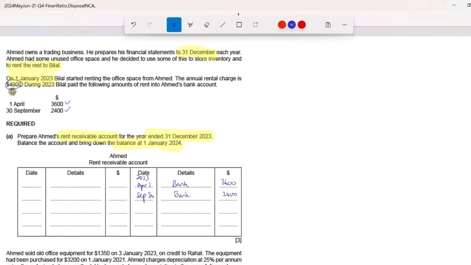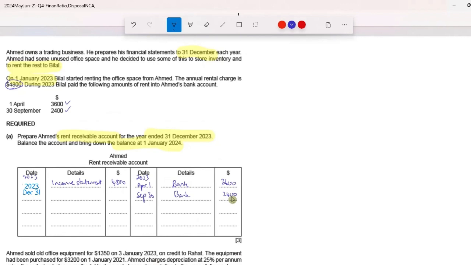Over here, we will have a debit entry. 4,800 is a revenue in the income statement. This should be rental income is credited in the income statement, therefore for the double entry we debit over here. So with that, we have taken into consideration all information about rental, the actual rental amount for the year, the bank payment received from rental income.